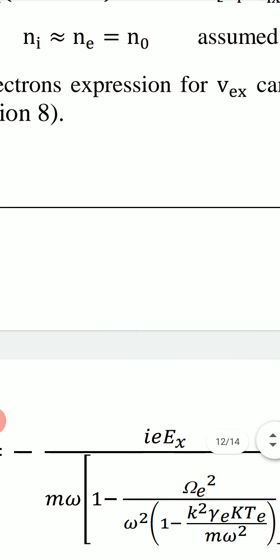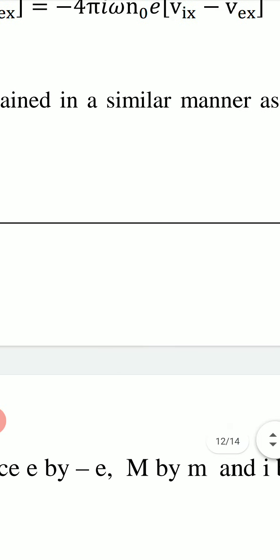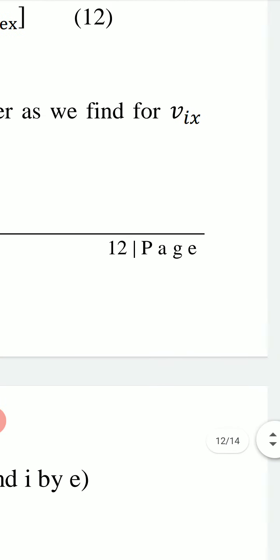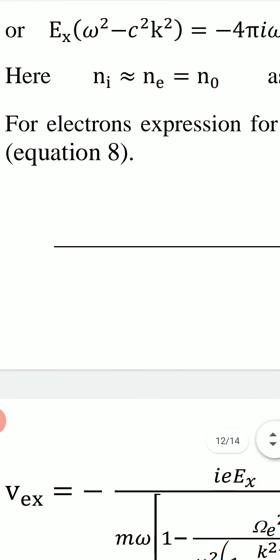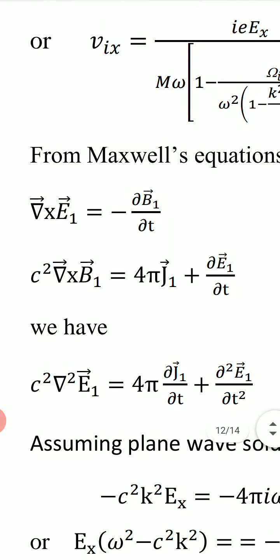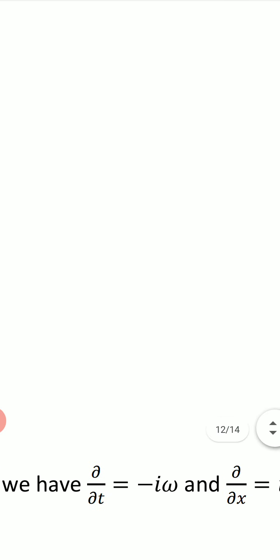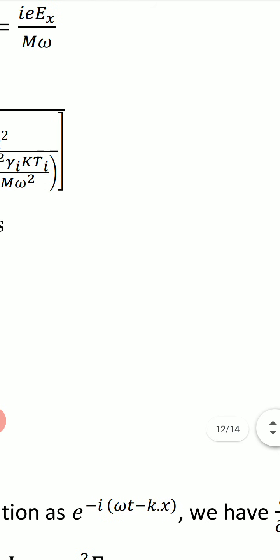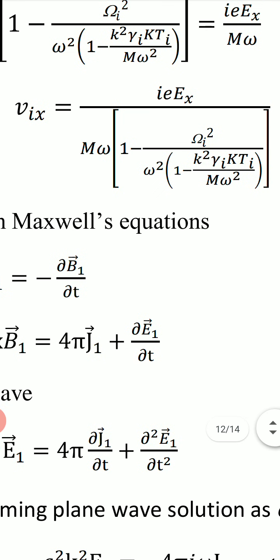For electrons, the expression for Vex can be obtained in a similar manner as we find Vix. We find Vix by equation 8. This is the x component of ion velocity.